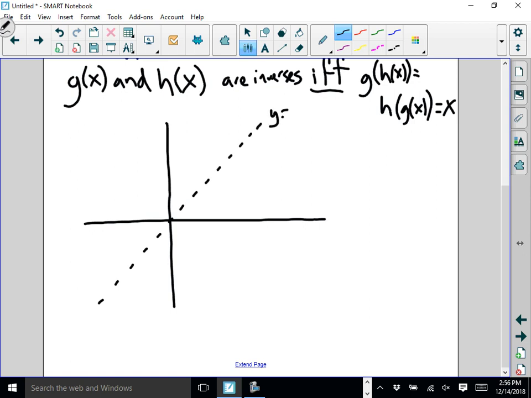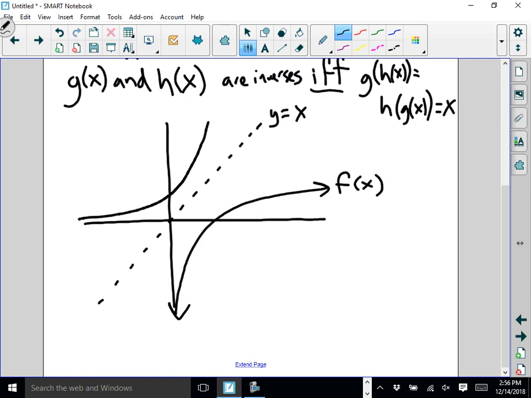So let's say my f of x looks like this. Well, f inverse would just be a reflection about the line y equals x. So it would look something like this. We have f of x, we have f inverse of x.